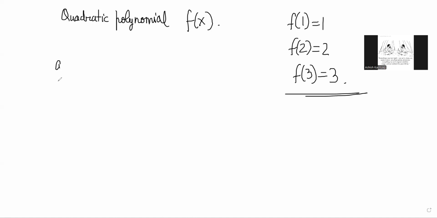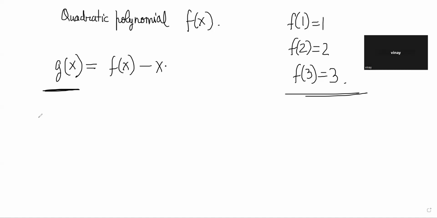Let's make another new polynomial called g of x, equal to f of x minus x. What is the degree of g of x right now? It will still be quadratic.